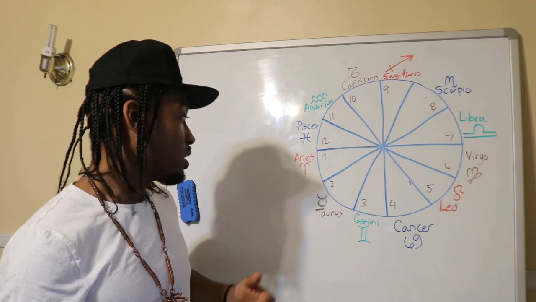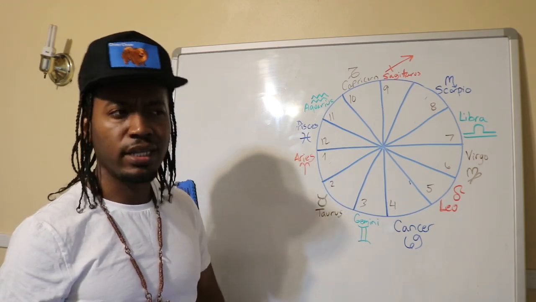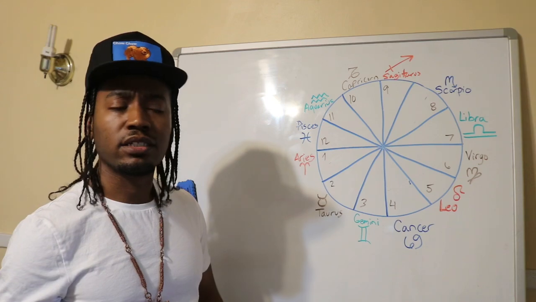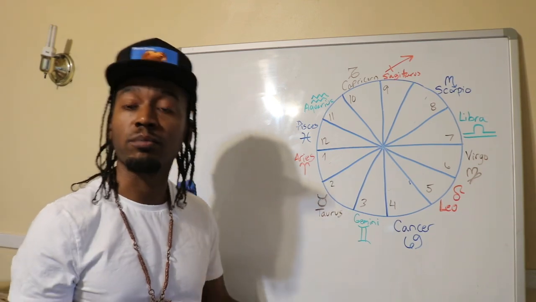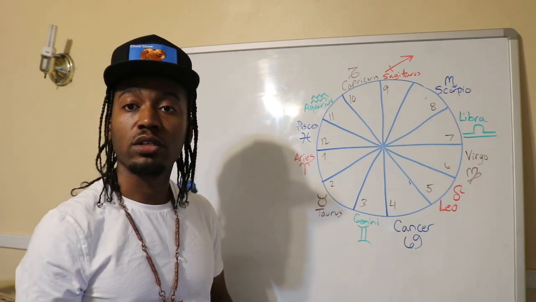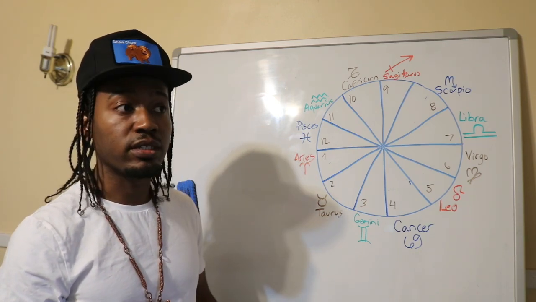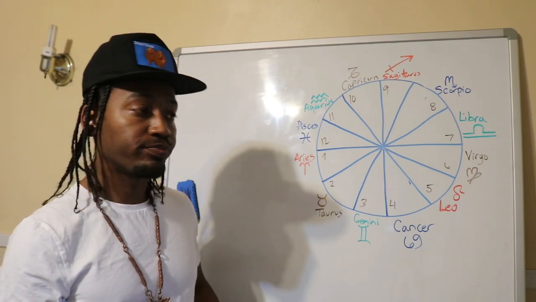For instance, the second house rules over finances, your money, possessions, things that you value, self-esteem, self-worth, and Taurus is actually the sign of money. I've told you guys that again, that's why on Wall Street you have the charging bull, basically. That's because in astrology, Taurus is a sign of money, right?